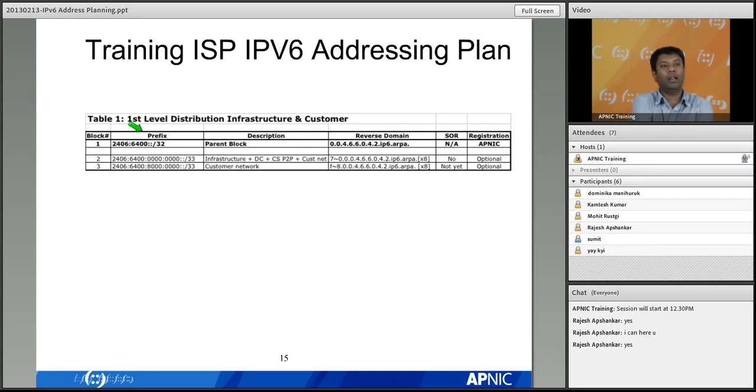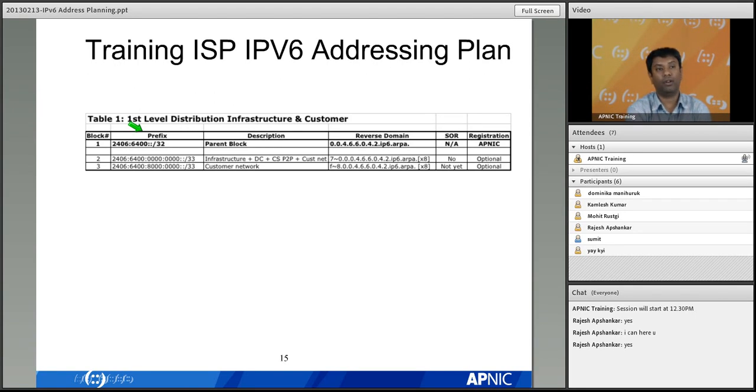Block 2 includes infrastructure plus our email, DNS servers and all sorts of servers that we have, not public hosting but normal servers, plus our customer-side point-to-point links and our customer network. All those things can be catered from block 2. And block 3 can be used entirely for customer IP blocks.